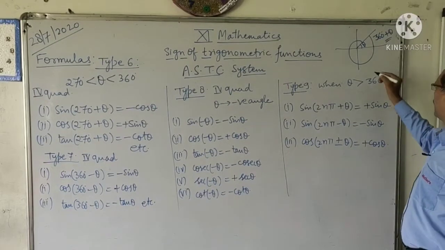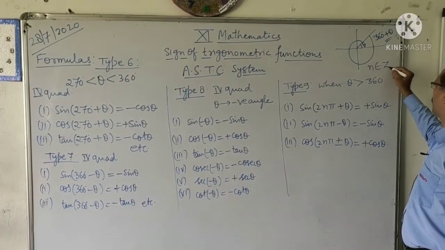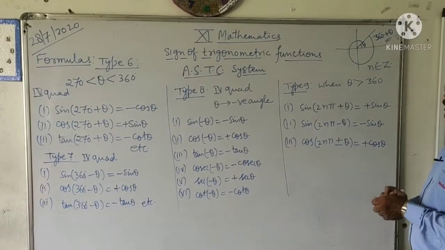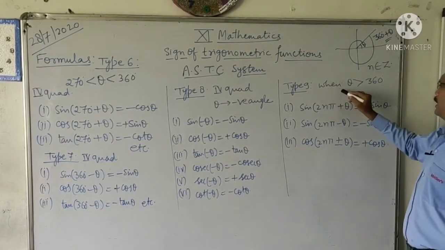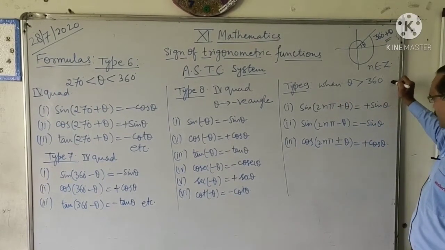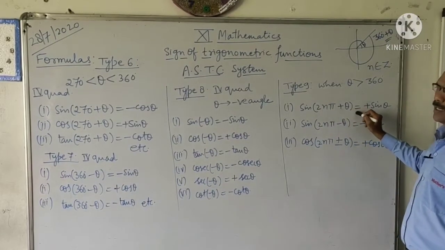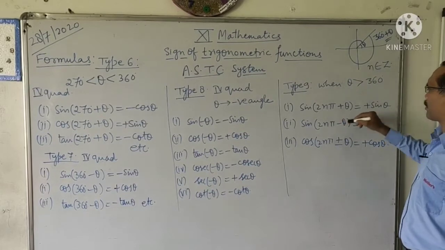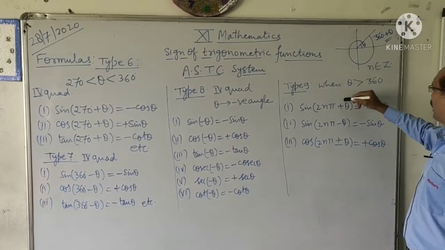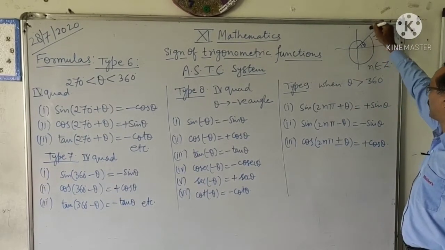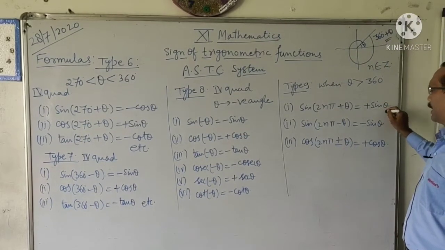Here n is an integer, n belongs to Z. Then for theta more than 360 degrees, formula number 1, sin(2n pi plus theta). It means n rounds are completed and the angle goes to the first quadrant. That is why sin is positive here.